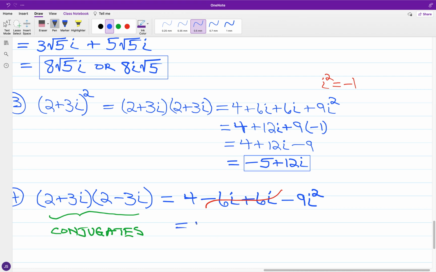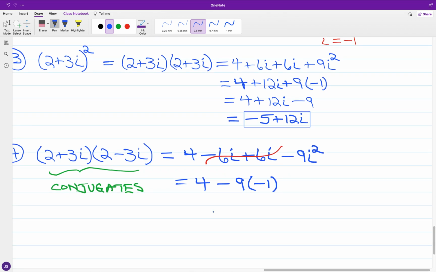So for what we have now, we've got 4 minus 9i squared. And i squared is still -1. And so we have 4 and minus 9 times -1, that's going to translate to addition. And here we have 4 plus 9, that is going to end up at 13.